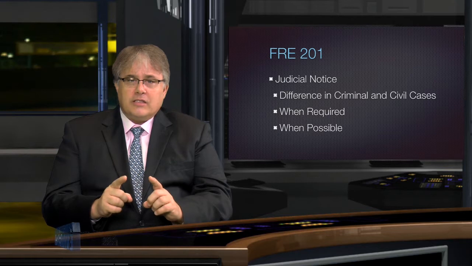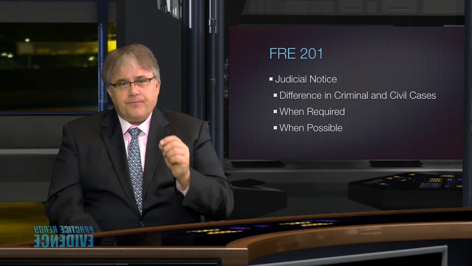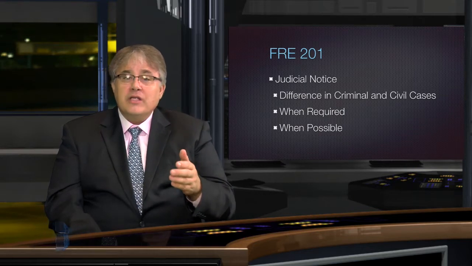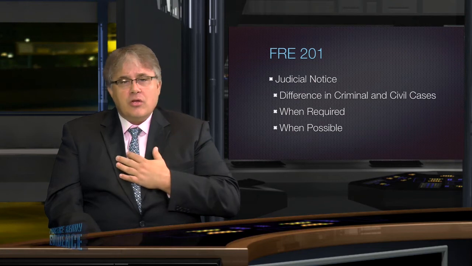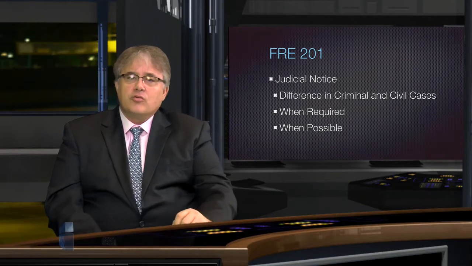In the criminal case, however, where the government bears the burden of responsibility of proving each and every element of the offense to the beyond a reasonable doubt standard, judicial notice is more problematic. And in a criminal case, judicial notice may be taken, but the jury has the ability to disregard it.